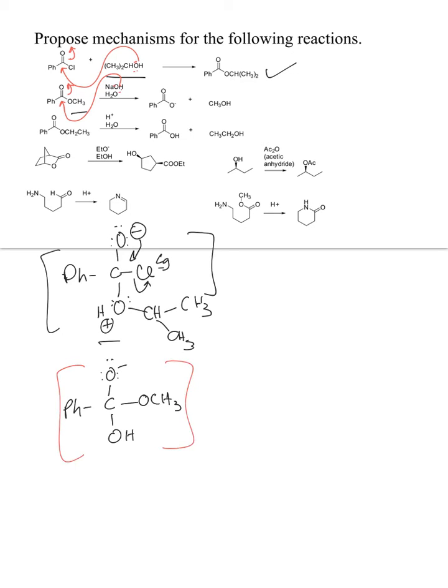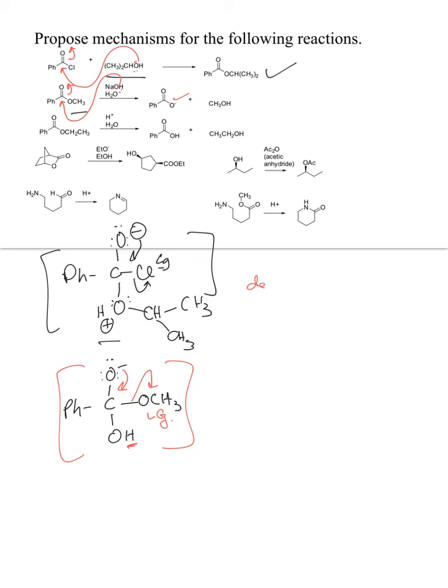Okay, this one here, sodium hydroxide comes in here, does the same thing. So make your tetrahedral intermediate. OCH3, this is OH, and then that's your tetrahedral intermediate. This is going to come down here, and this is your leaving group, and it's in base, so then it would deprotonate.